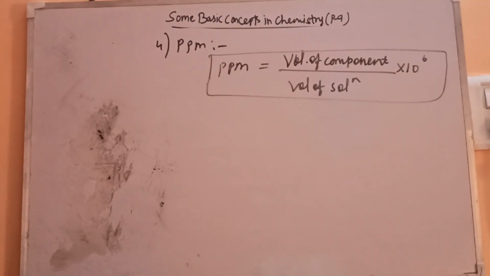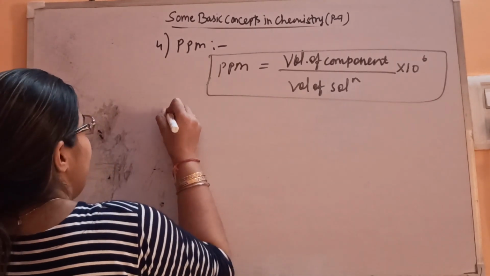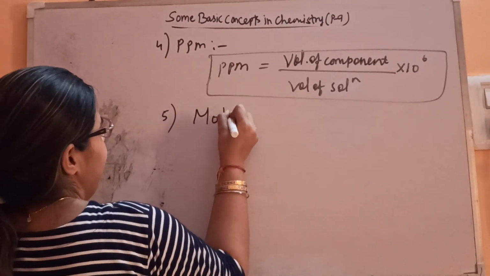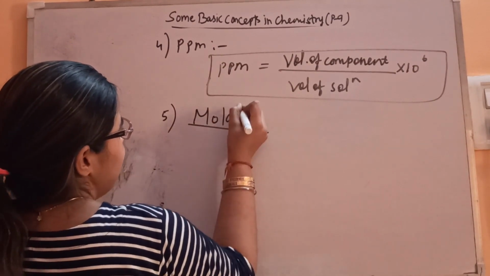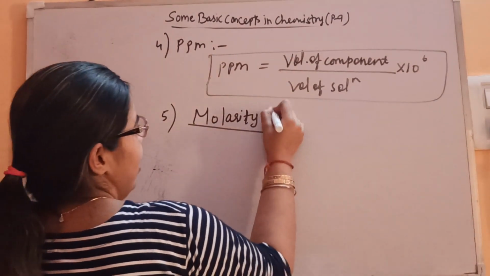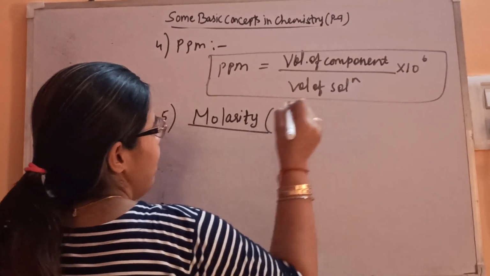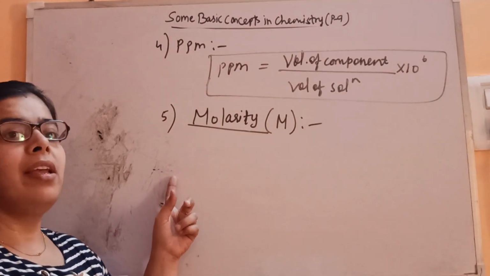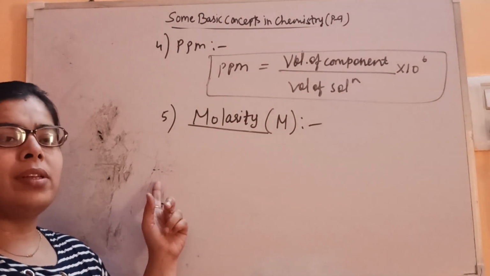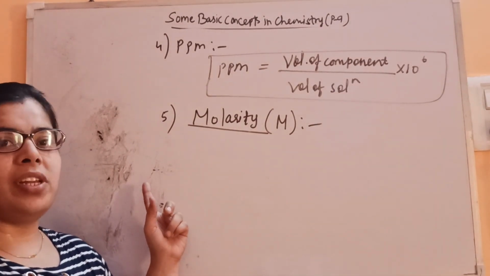Next concentration term is molarity. This is a new term for you, molarity. As the name suggests, it contains molar in it. It is represented by capital M. The molarity is again a concentration term, and generally you will find this is the only concentration term that we use throughout our calculations in chemistry.